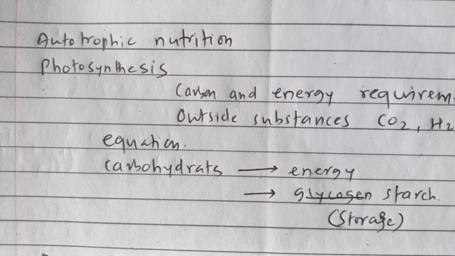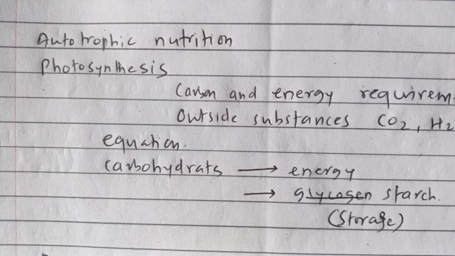So the carbohydrates are utilized for providing energy to the plant, and also carbohydrates that are not used immediately are stored in the form of starch, and this serves as the internal energy reserve to be used when the plant needs them in future.